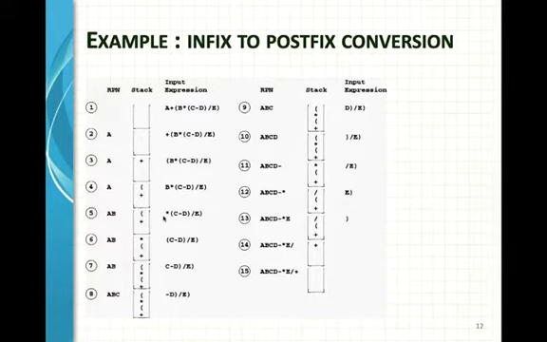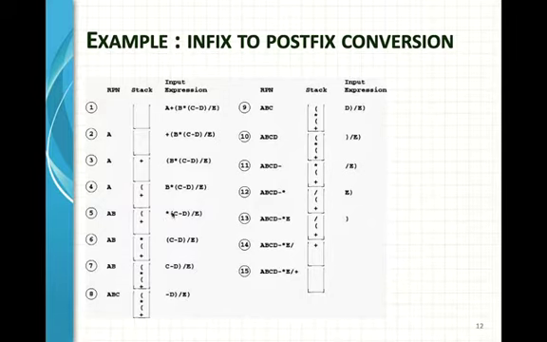Again we are going to see that the next token is B. It is an operand. If we get an operand, then AB is printed here, and the next is again an operator, star. Now the in-stack priority of the parenthesis is 0, so it is less than the star.